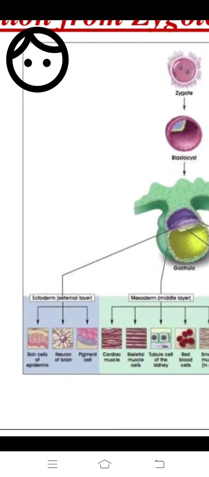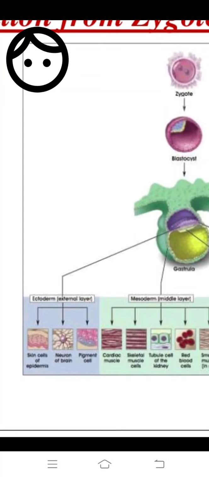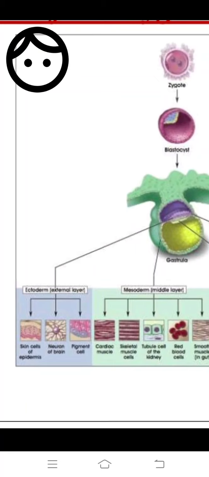Mesoderm, the middle layer formation. Important ones: okay, cardiac muscle, which means heart muscle is cardiac muscle. Next, sliding filament movement of the muscle, like leg movement.